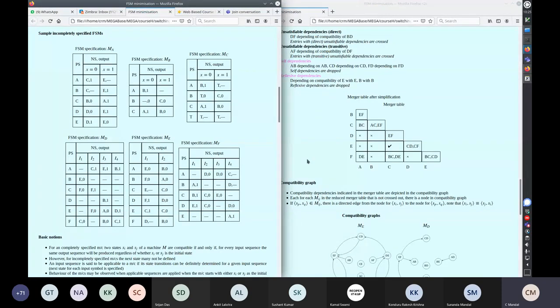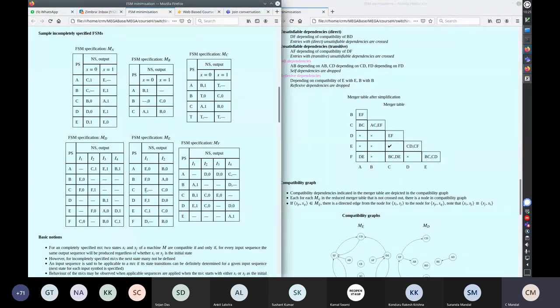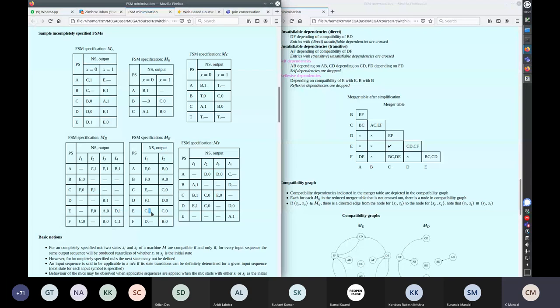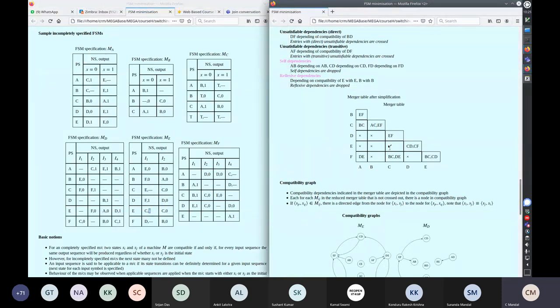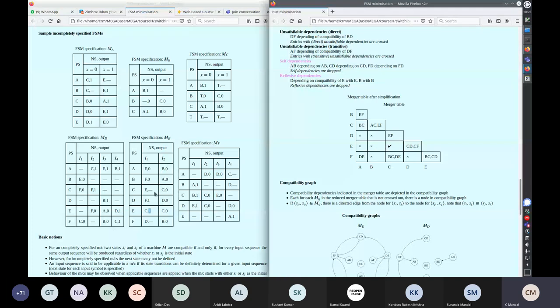Of course you assume that the output of E must be conveniently set to 1 for C and E to be compatible. So I have marked it with a tick, but there is the underlying requirement that this output has to be conveniently set to 1 for C and E to be compatible.